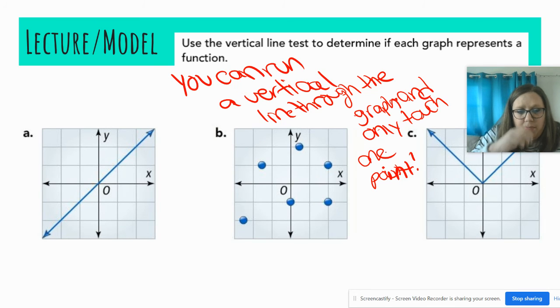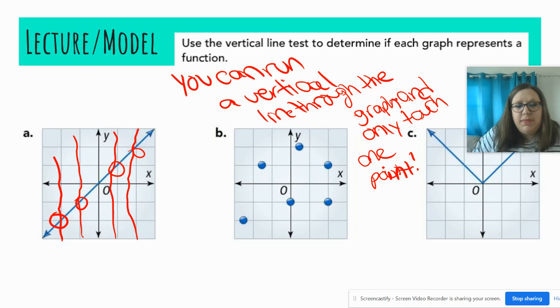So if I look at option A and I make a bunch of vertical lines, this only touches there, this only touches there. So this would pass the vertical line test, and part of being a function is that a function has to pass the vertical line test. So option A is a function, it passes the vertical line test.